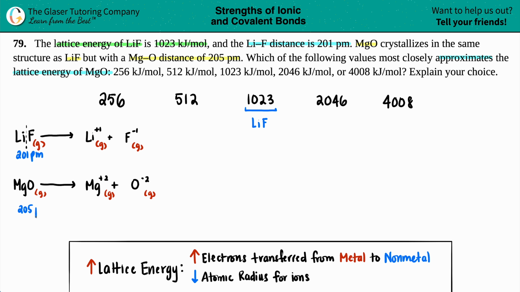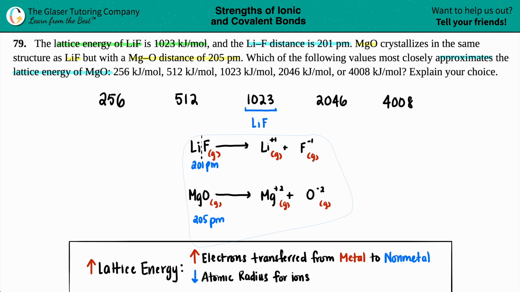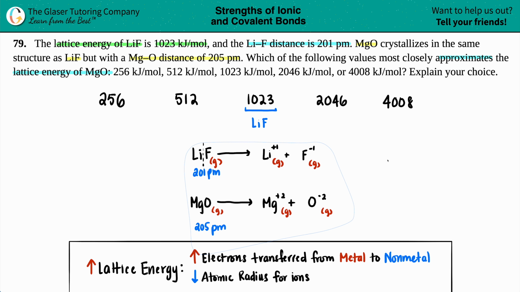Now, I did write down here the two things that really matter when you're changing lattice energies. It's either going to be linked with the atomic radius, and how close those ions are, or it's the amount of electrons that are transferred from the metal to the nonmetal.